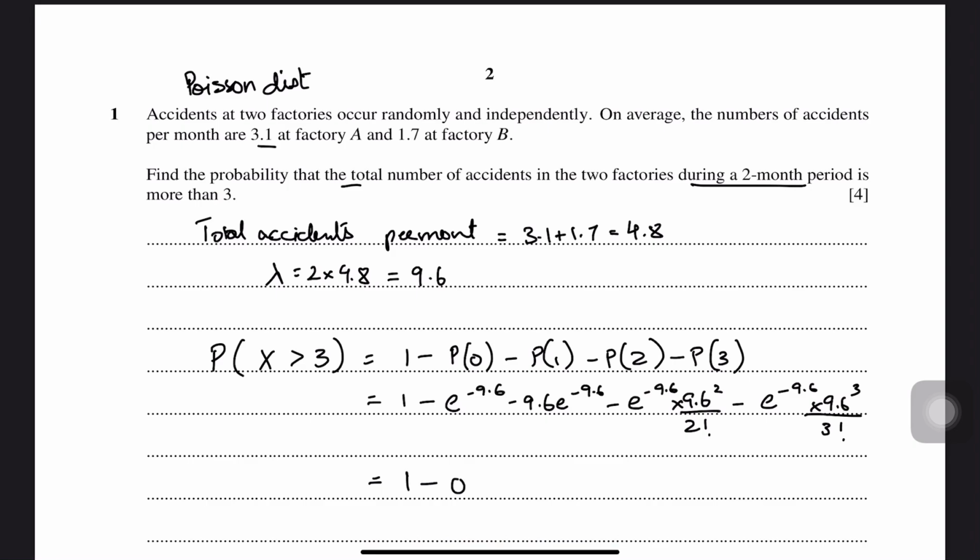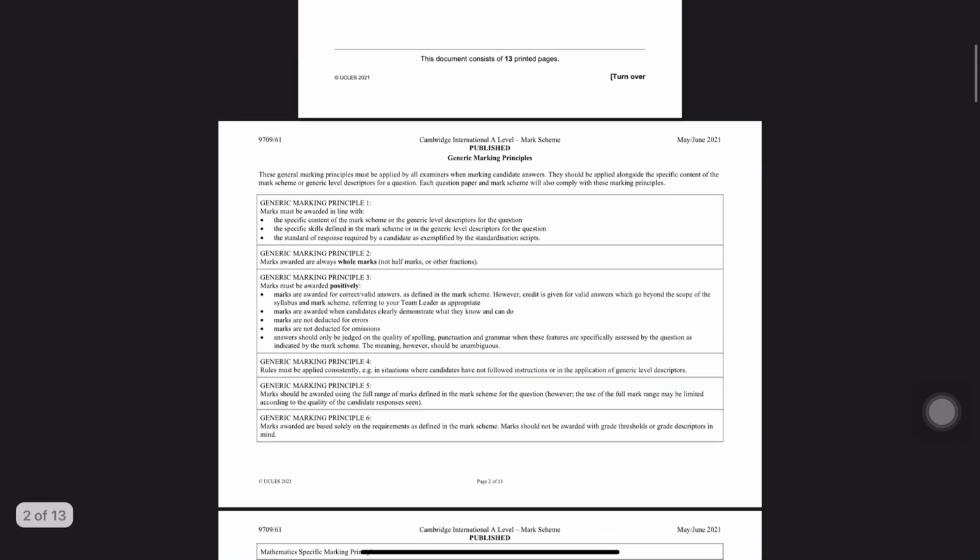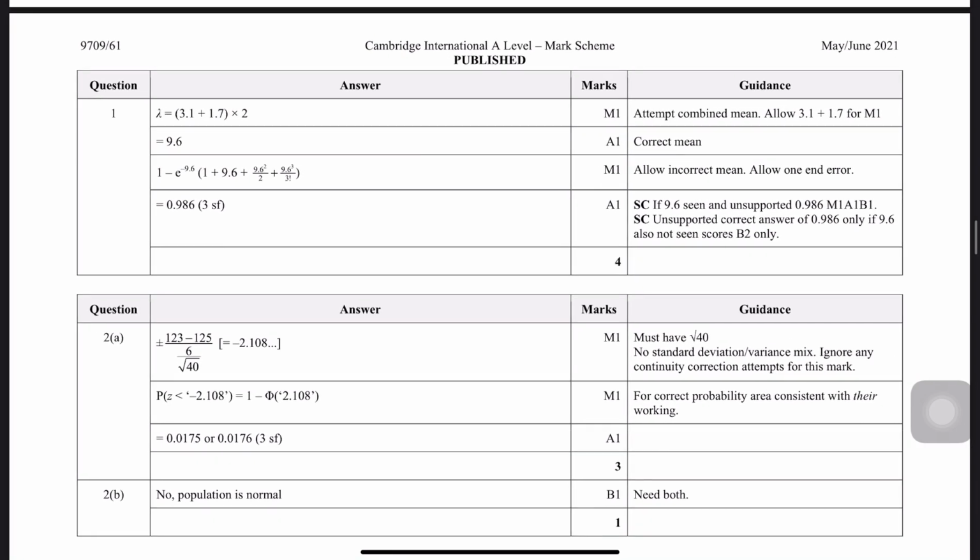I get all of these probabilities added up, giving me 0.383. Okay, let's check if that's the correct answer. Yes, that's the correct answer.